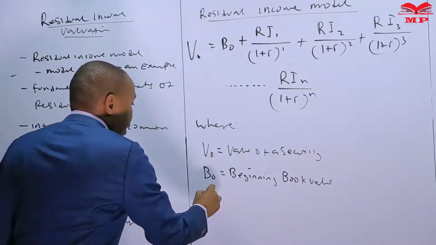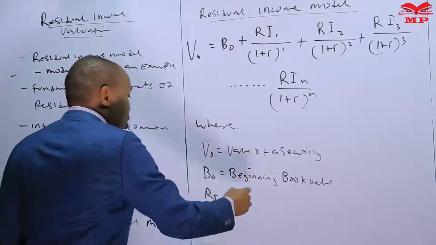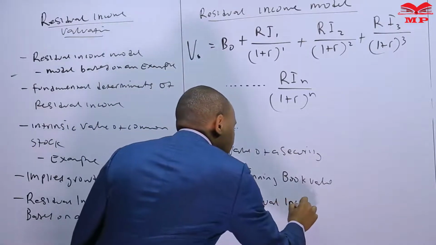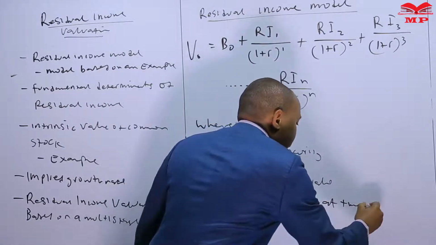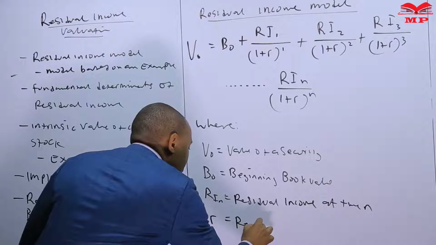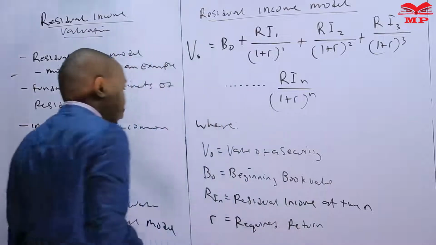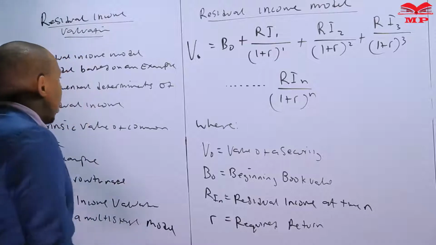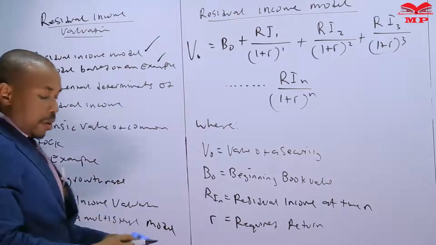Then RI N is the residual income at time or period N, and R is the required return. So having defined that, let's look at an example. We looked at the residual income model, so let's look at the example right there.